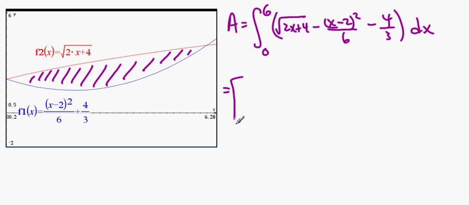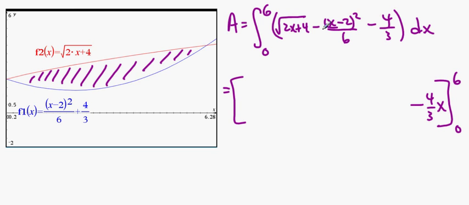We're looking for an antiderivative. We'll sub in 6, sub in 0, and subtract the answers and hope we end up with good things. This piece is the easiest piece. We love that piece.